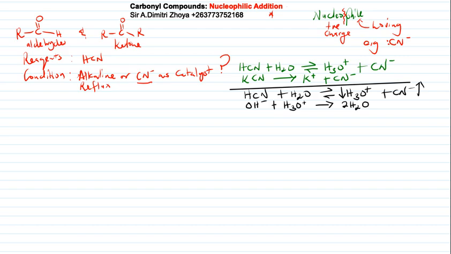So we are now proceeding to the mechanism. We now have the cyanide. In the first reaction, the cyanide attacks the carbon, which is electron deficient.